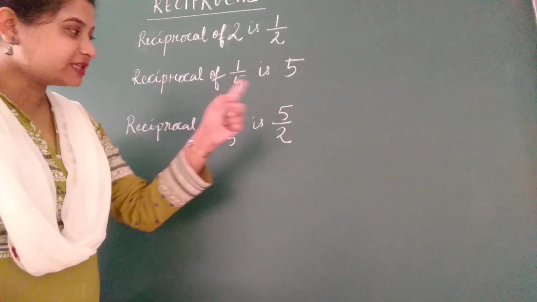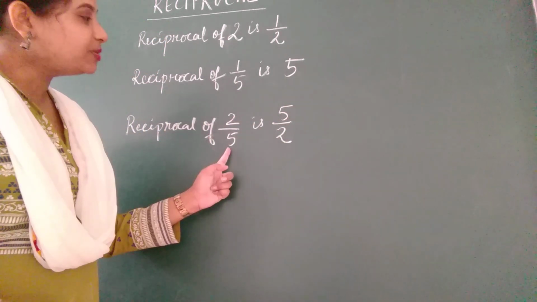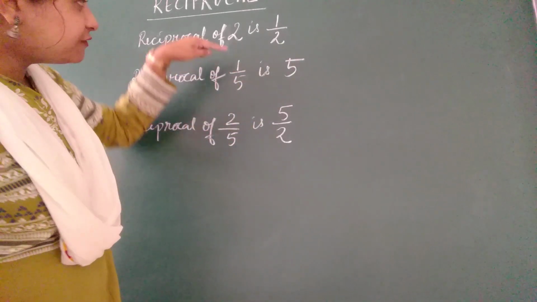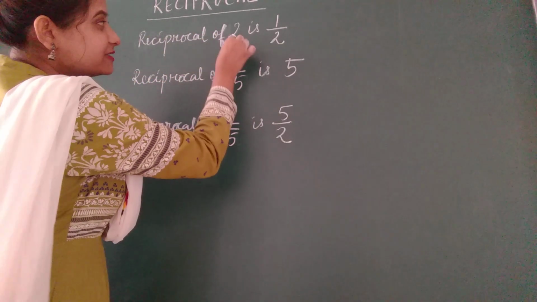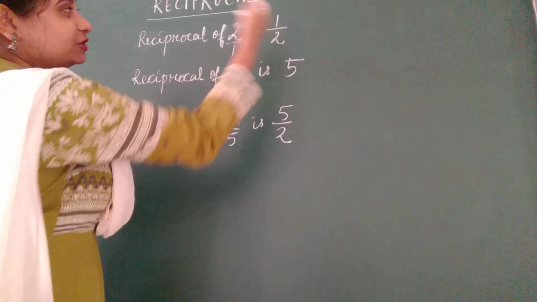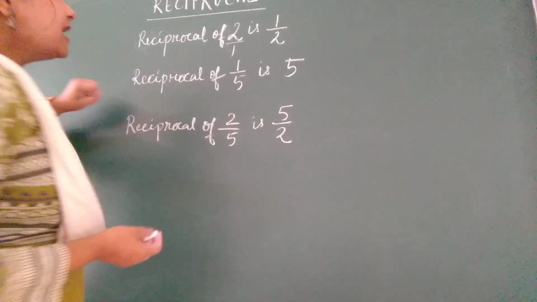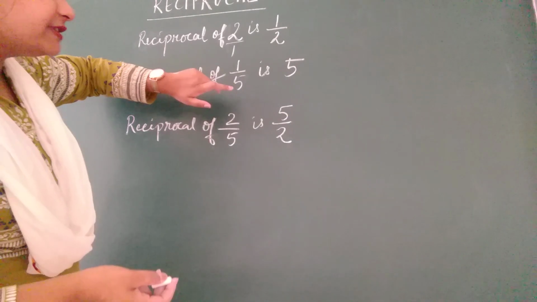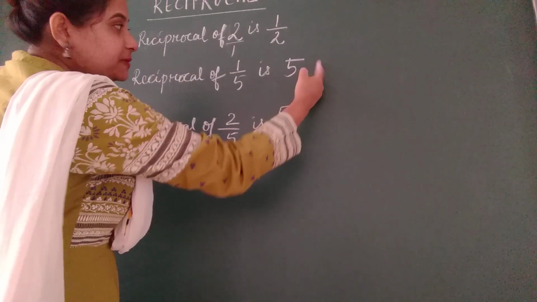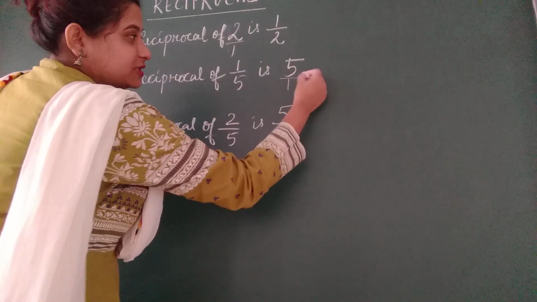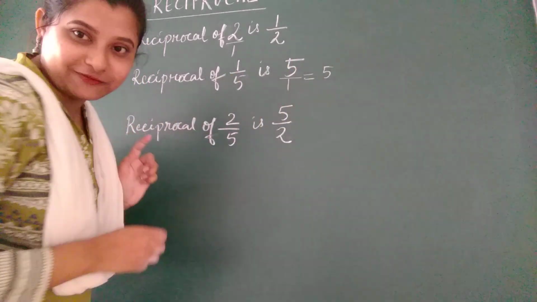The numerator becomes the denominator and the denominator becomes the numerator. In the first one, the denominator is 1. So 1 is written on the top when we do the reciprocal, and here the denominator is 5. So it goes to the numerator and the numerator comes down. So 5 by 1 is 5, right?